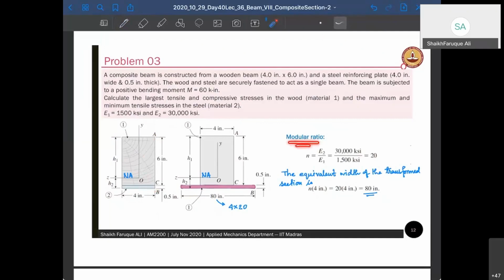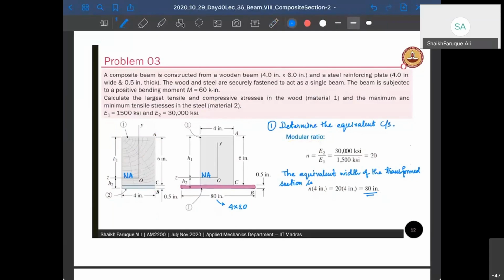First job, step 1, is to determine the equivalent cross section. For that we need the modular ratio.